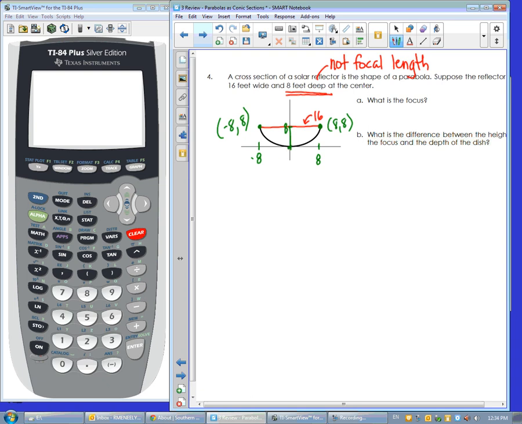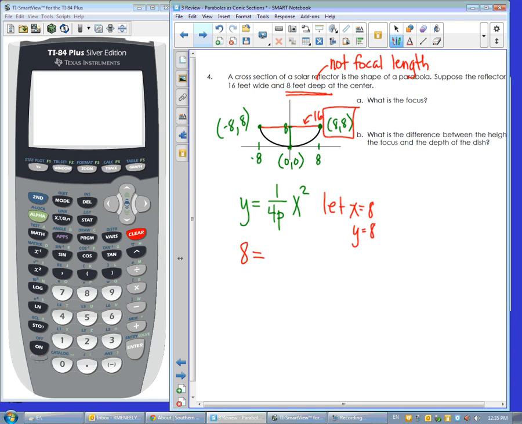So we know that my vertex is at 0, 0. I know that the graph opens up. So if I think about the general form of the equation, it's y equals 1 over 4p times x squared. So what I'm going to do is use one of my ordered pairs, and I'm going to let x equal 8 and y equal 8, and I'm going to use those values to solve for p.